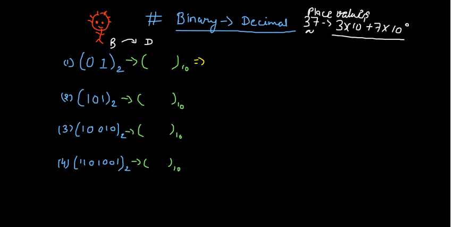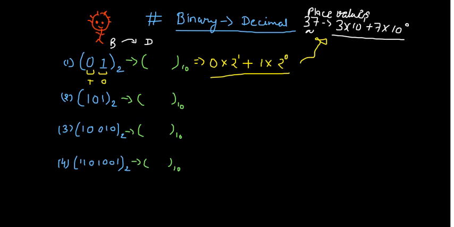Like 0 multiply 2 to the power 1 plus 1 multiply 2 to the power 0. So this 1 is at the ones place and this 0 is at the tens place. So I just wrote it similarly to this one.